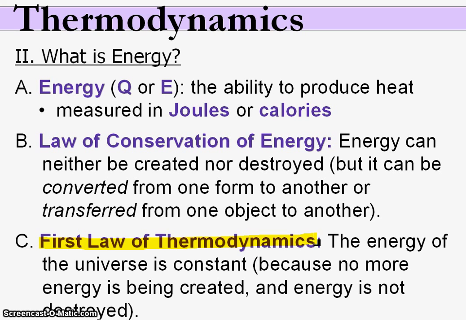We can then convert that energy into other sources, solar energy, for example, to use in our homes, or plants convert that energy into chemical energy through photosynthesis. But that energy is constant. We get more of it from the sun, but we can't create energy from nothing. What we can do is convert it from one form to another, but the energy in the universe is constant.